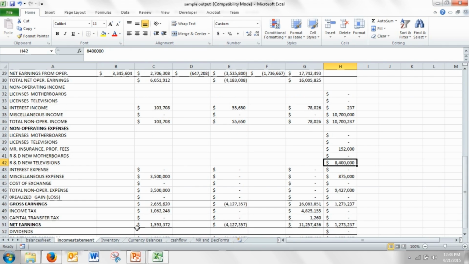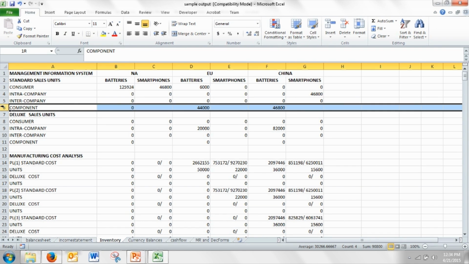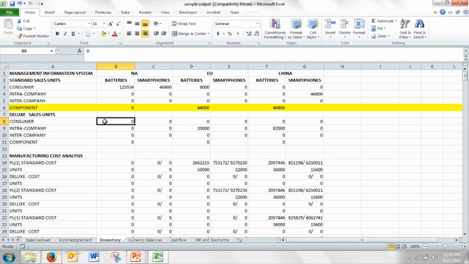So that appears there. The inventory tab is probably the most useful, at least planning sheet in the game. It gives you sales and things in units, so you can see exactly what you sold in terms of your unit sales in each of the areas. Now this little section here can often be quite confusing. It's called component sales.